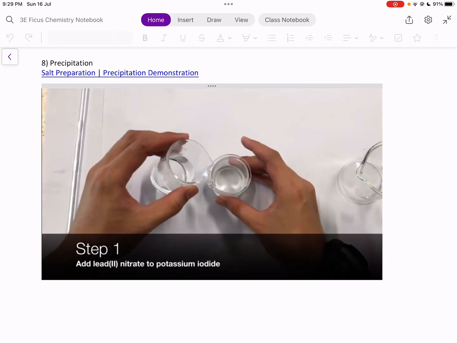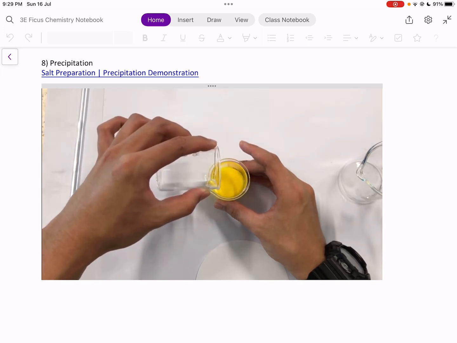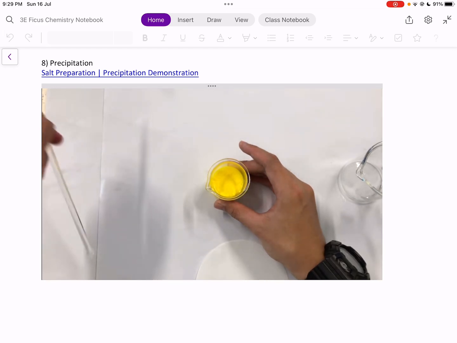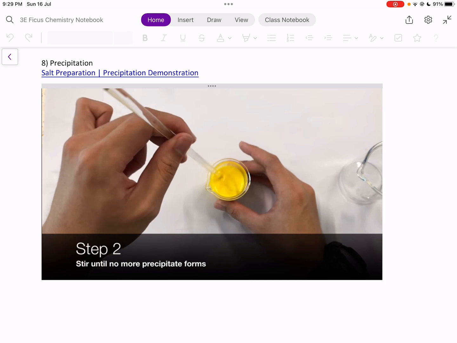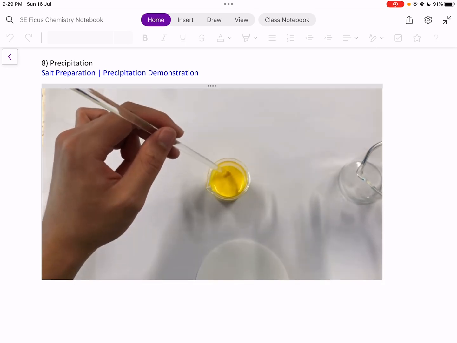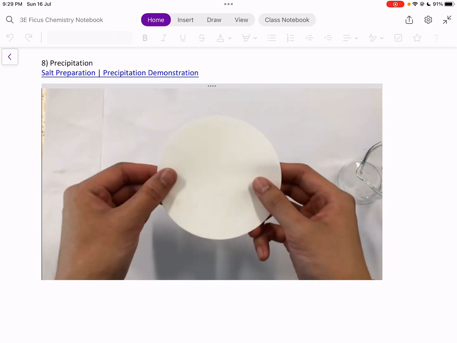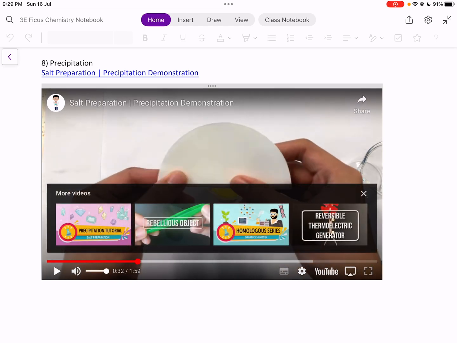So you just add lead-2 nitrate to potassium iodide, and then filter out the yellow precipitate.